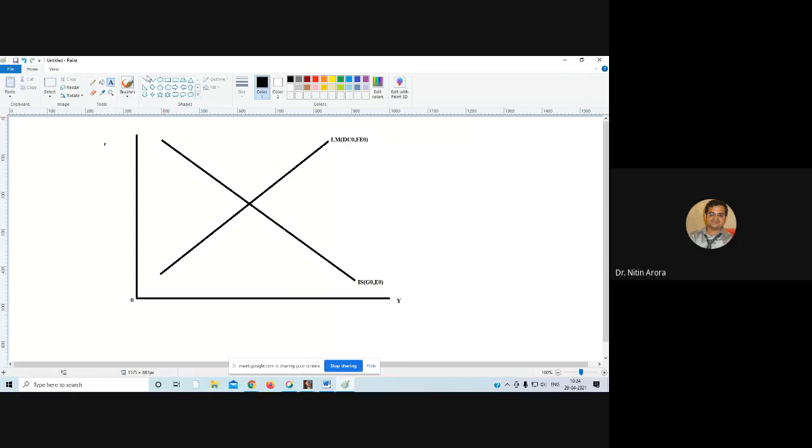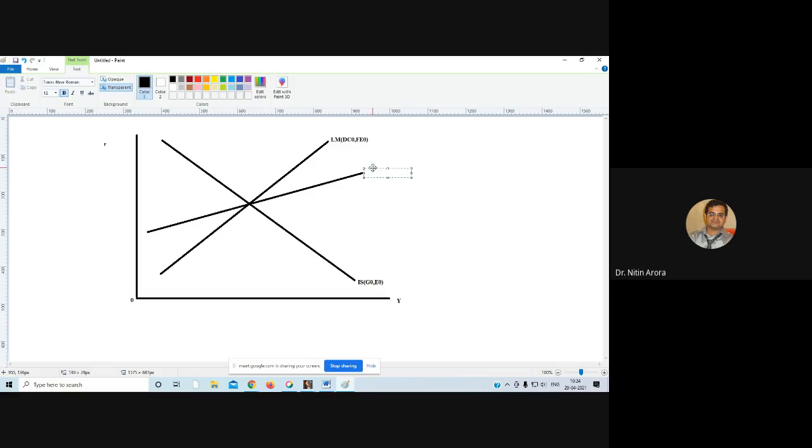Then we have BP curve, balance of payment curve, derived for given exchange rate E naught.